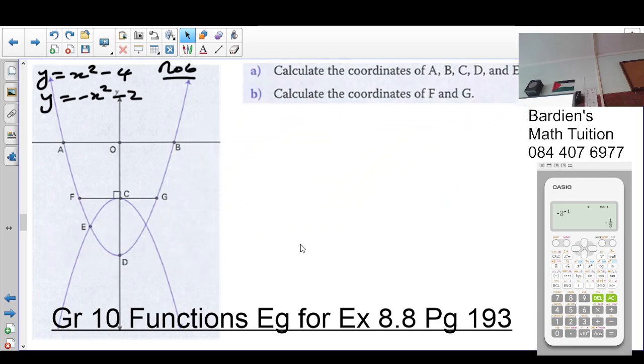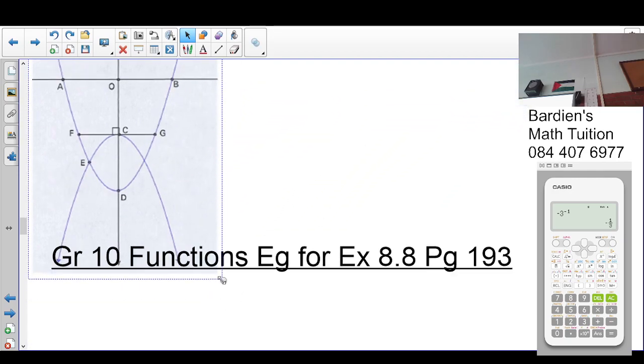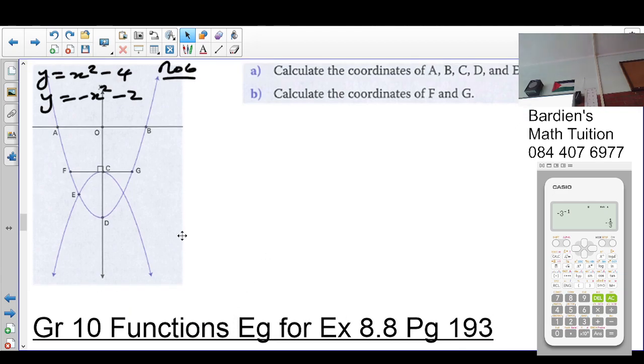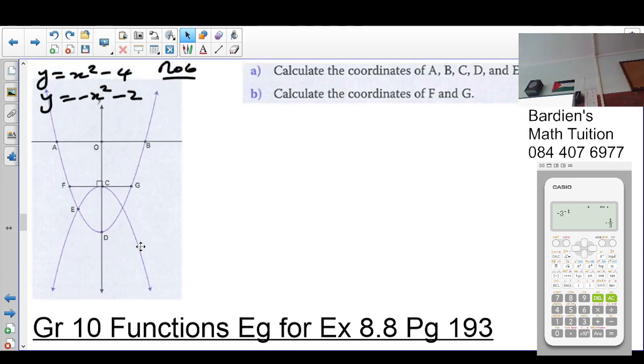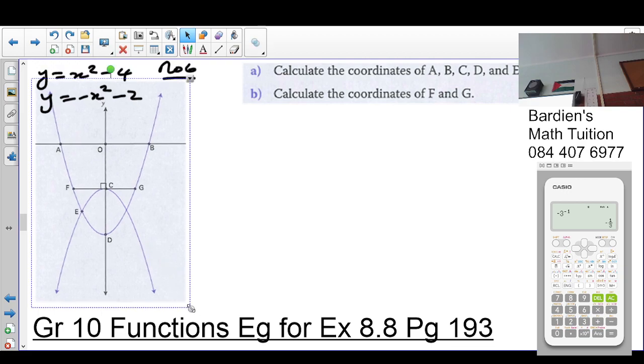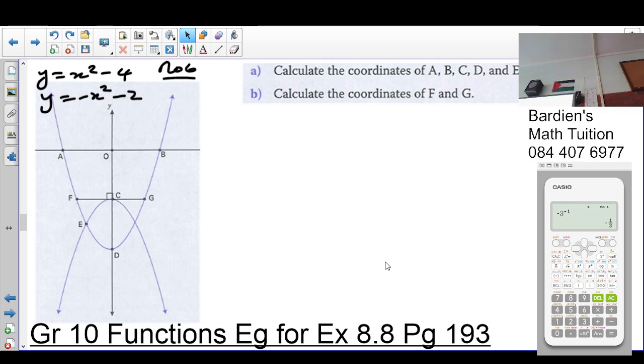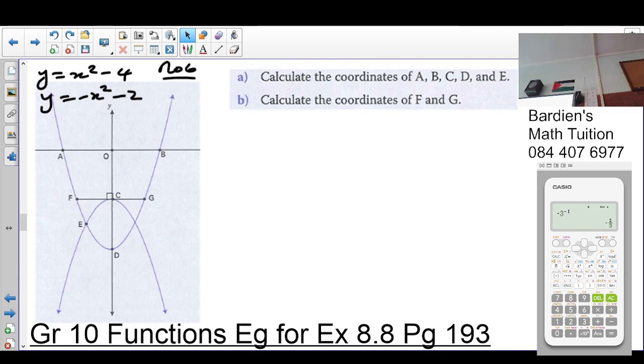First question. It is a bit smaller. The question says, people stop talking in the background if you don't mind. The question says calculate the coordinates of A, B, C, D, and E.